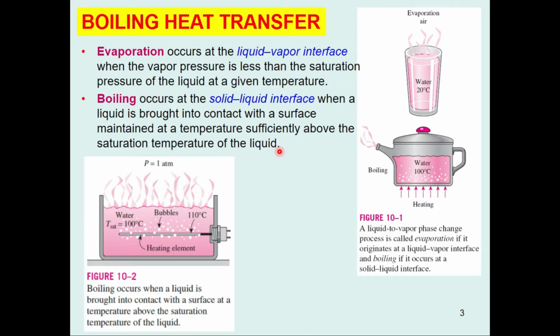In another example, in the steam power plant, the heat is transferred to the steam in the boiler where the water is vaporized, and the waste heat is rejected from the steam in the condenser where the steam is condensed. Some electrical components are also cooled by boiling, by immersing them in a fluid with the appropriate boiling temperature.